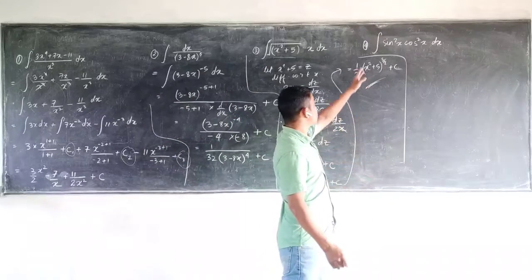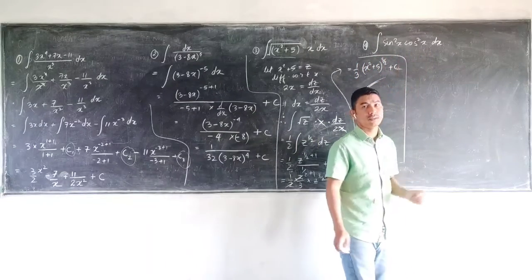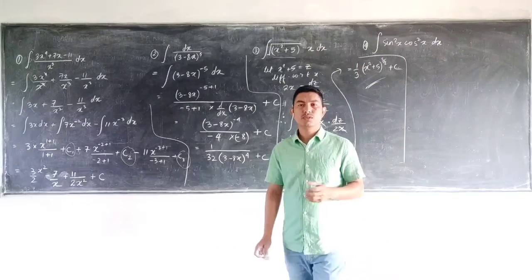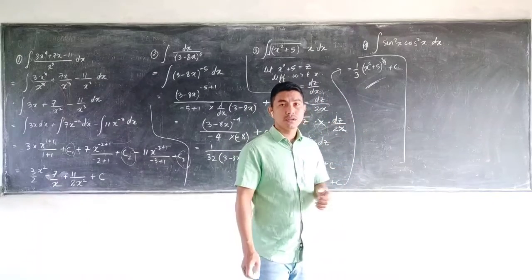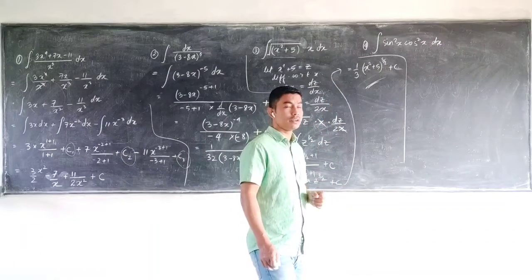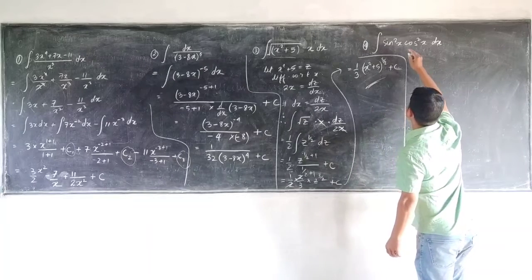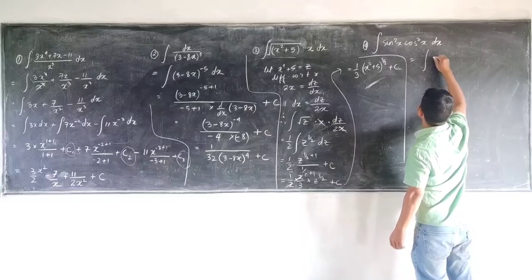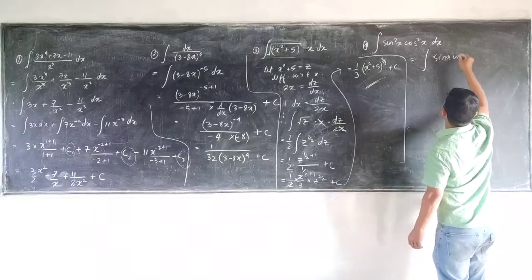The last type of question: the integration of sine square x cos square x dx. It's very necessary for you to remember all the formulas of trigonometry, because without trigonometry, you will not be able to solve integrals of this kind. Okay, so how do we solve this one? I can write this as the integration of (sine x cos x) whole square.